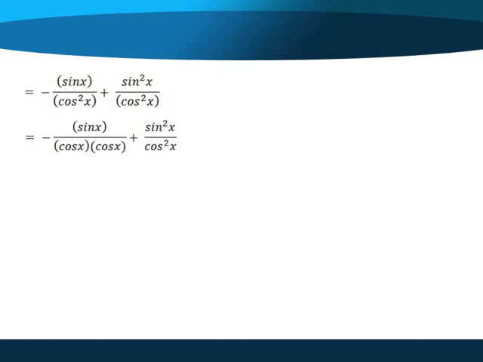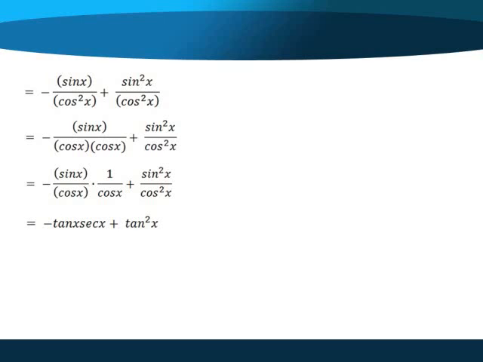Using our knowledge of the basic trigonometric identities, we write this term into negative tangent x secant x, since sine x over cosine x is equal to tangent x, and 1 over cosine x equal to secant of x.